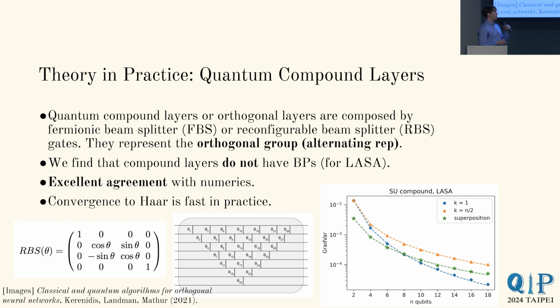They had been conjectured to not have Barren Plateaus, but this was impossible to prove previously. And thanks to the theorems, we were able to prove it, and in fact show that it seems to be very close to the actual behavior. But notice that the theorem is general, an integral over the entire group, and we have no guarantee that this is converging always to the Haar distribution very fast.